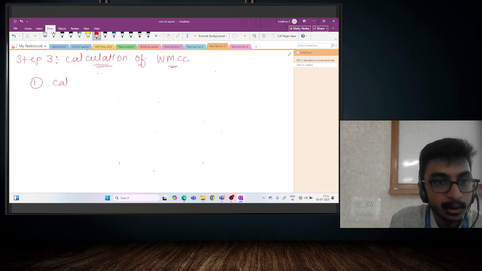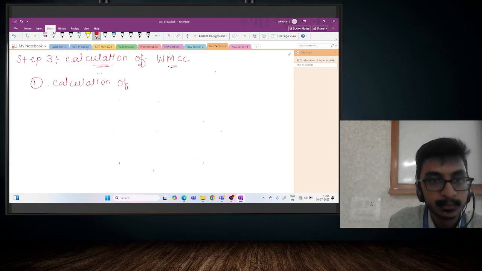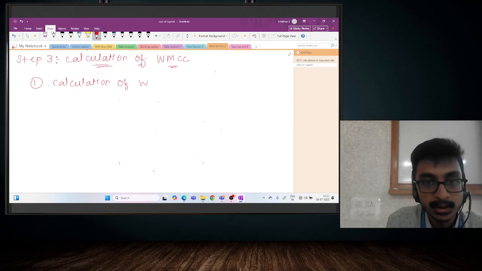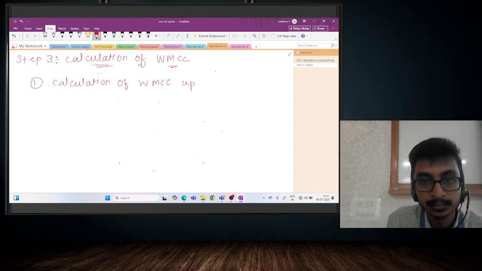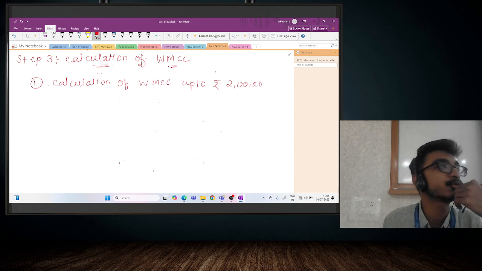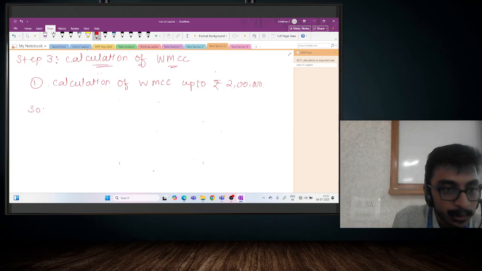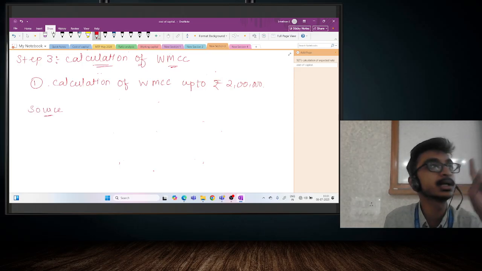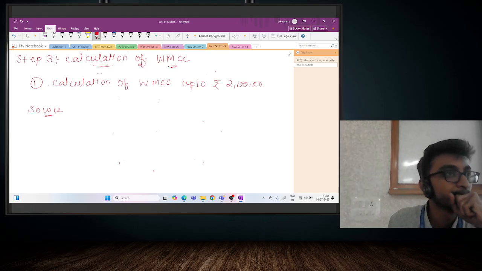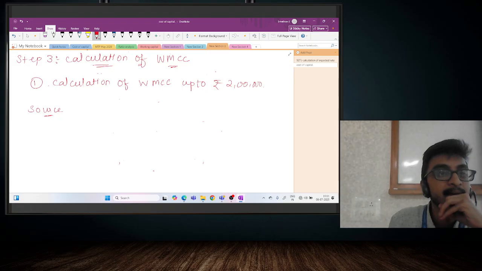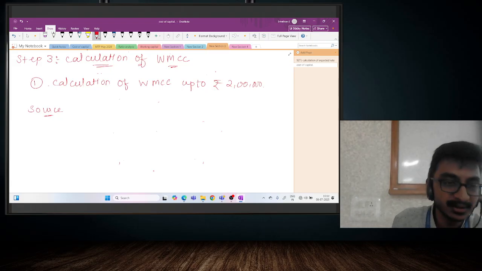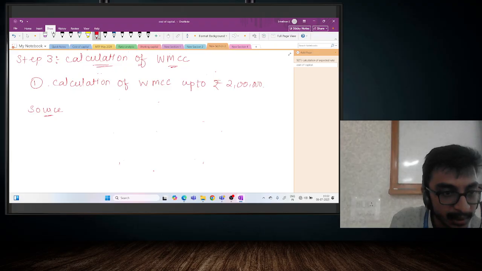So calculation of weighted marginal cost of capital up to rupees 2 lakh. So if the company is raising an additional capital of 2 lakh rupees, they are going to raise this 2 lakh rupees using two sources of finance. One is equity and debt, but here it is actually retained earnings, but retained earnings is a part of equity. So we can write it as shareholders fund and bonds.